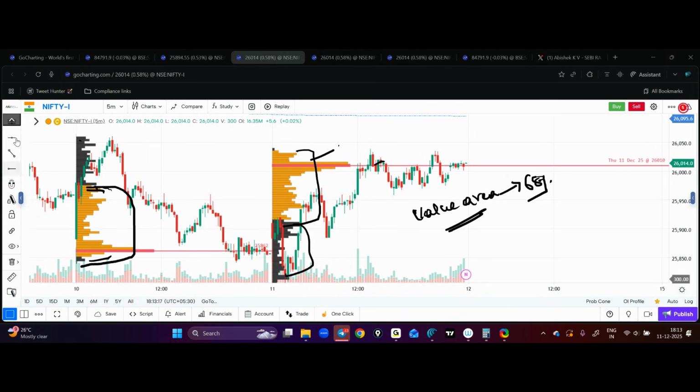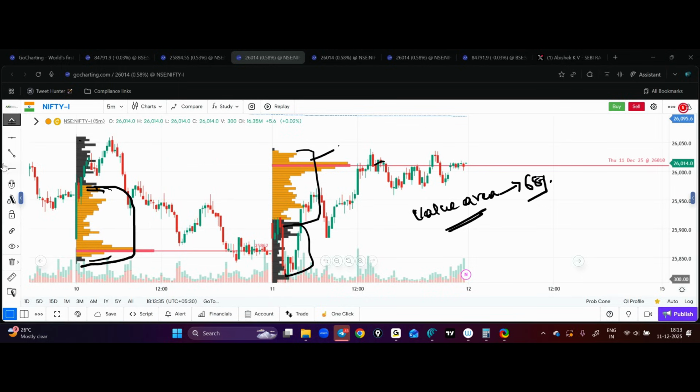So the day's range of yesterday is, for example, the day low is 25,842. The day high is 26,061, which is roughly around 180 points for me. This 180 point range was made by Nifty Futures yesterday.